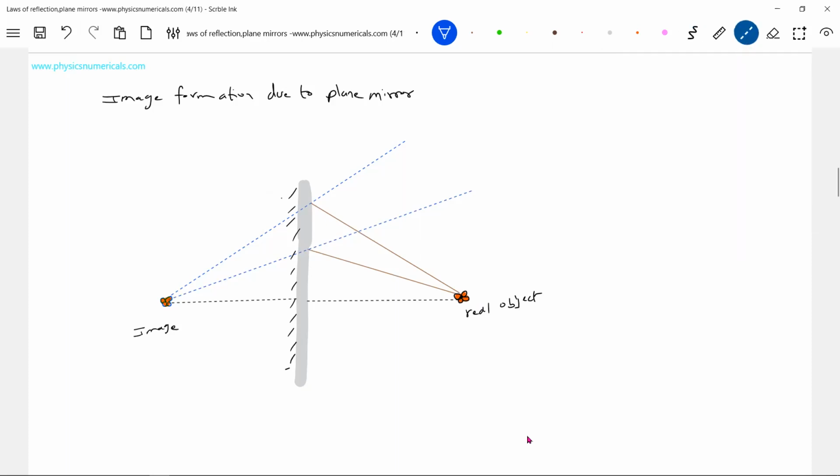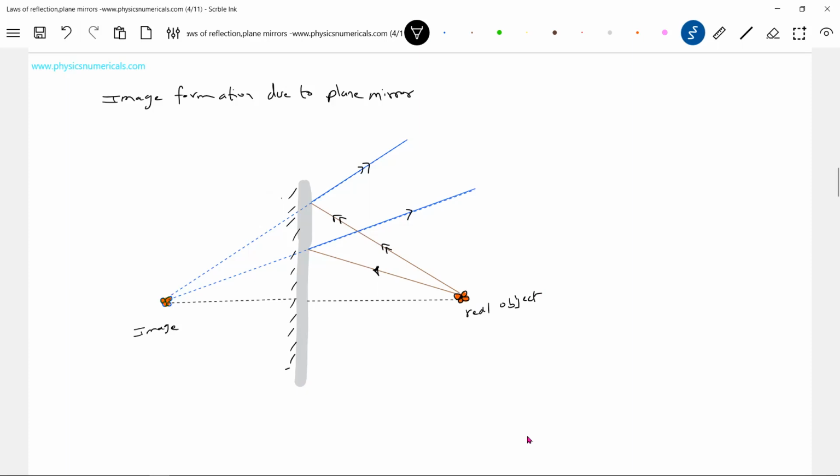Now you can ask, sir, how are you drawing that ray? So based on the laws of reflection, I'm showing the reflected rays. This will be the incident ray, and this is the reflected ray.